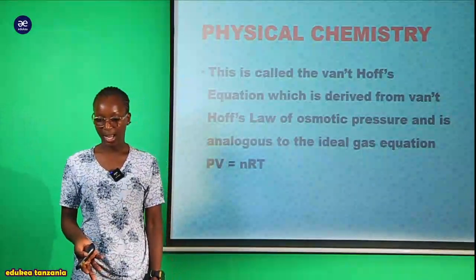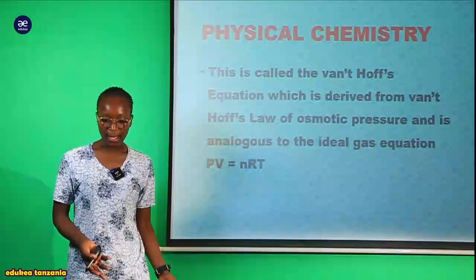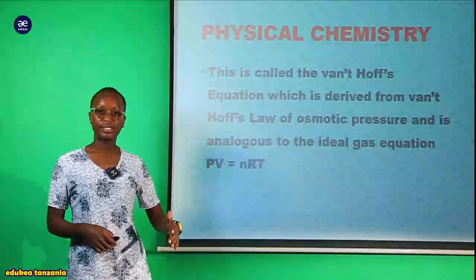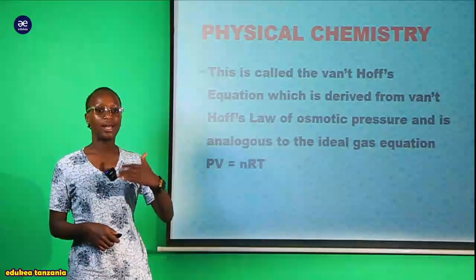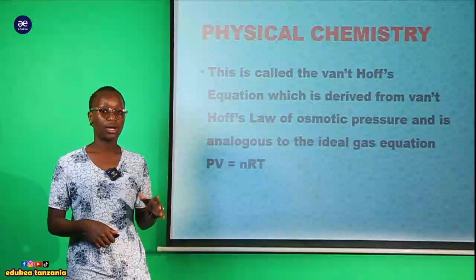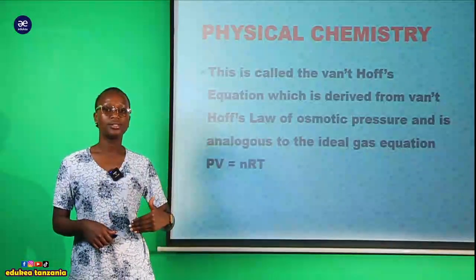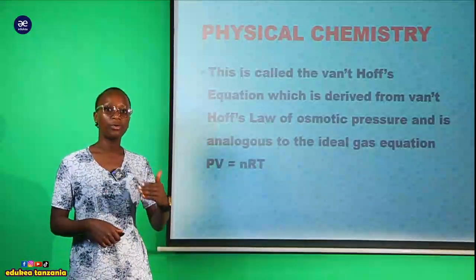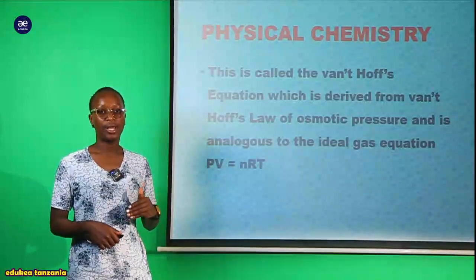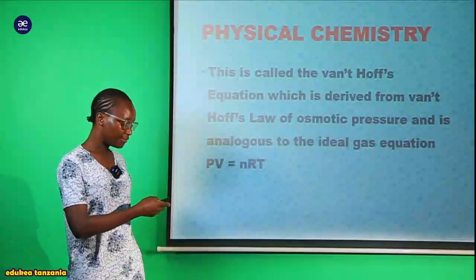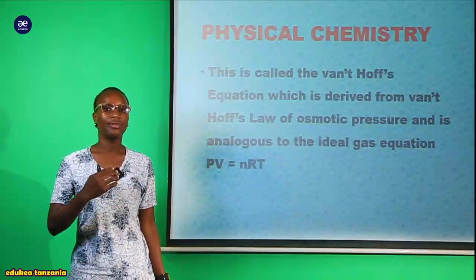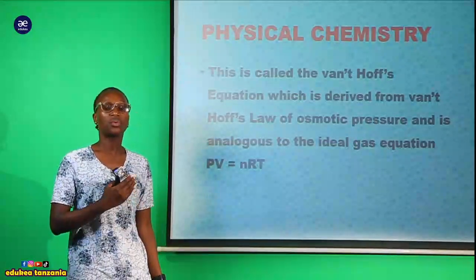So my student, you can see that hii equation ina relate, that's why tunasema ni analogous. Kama ushasikia the concept of analogous series, ulisoma kule kwenye organic compound, the way zina mifanano fulani. So my student, after there, that is all about the derivation of the what? Of the Van 't Hoff equation.